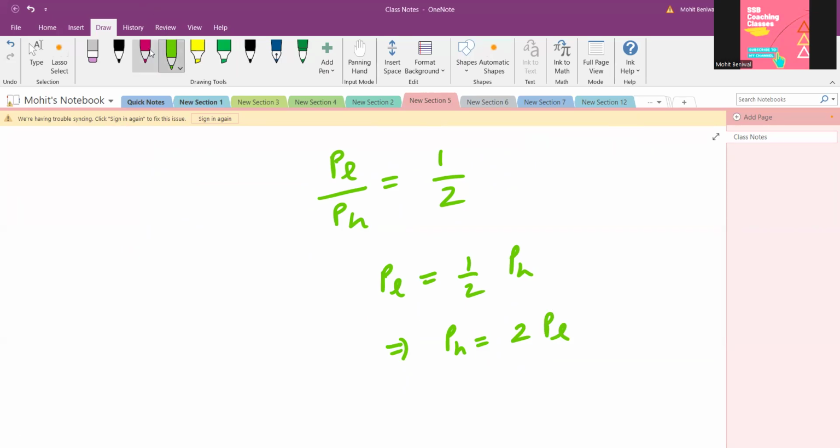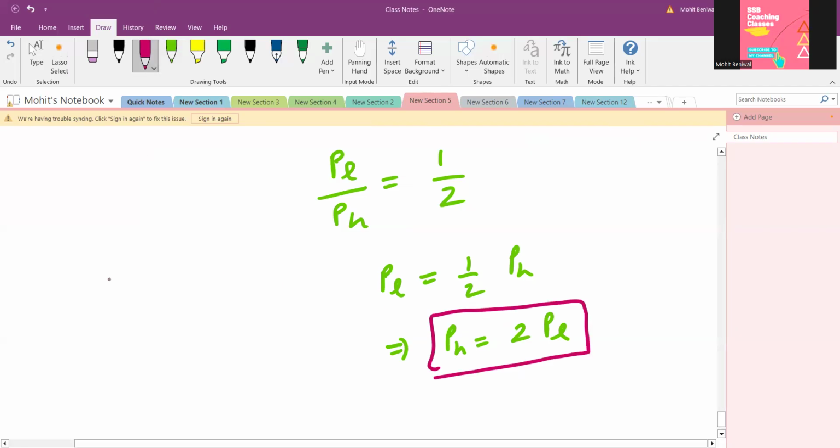So this expression will help you see that linear momentum of the light body will be less and linear momentum of the heavy object will be more. So this is how you can use the equations.